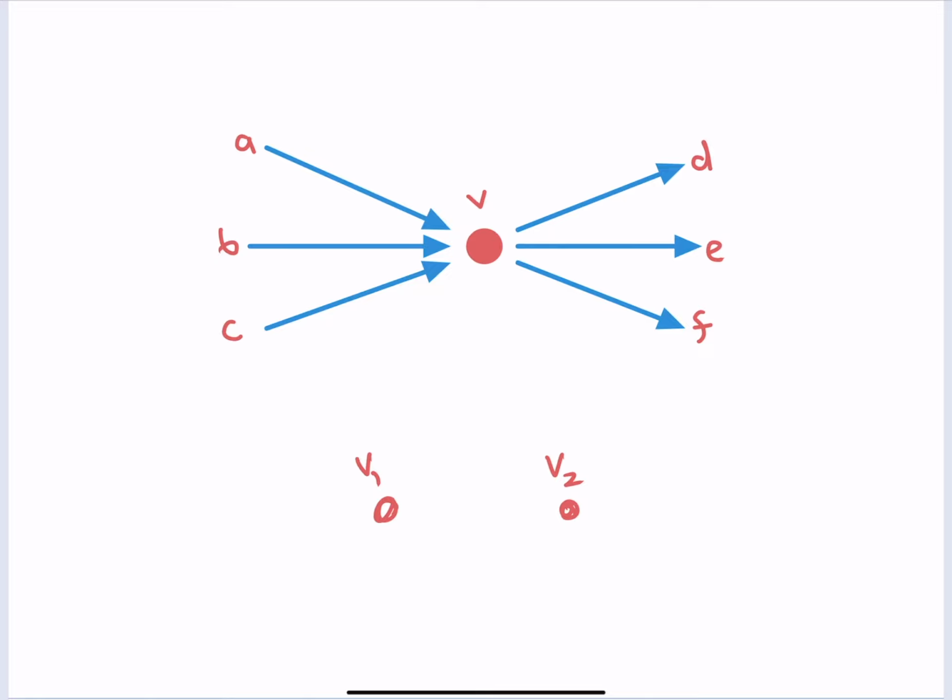Originally A, B, C refer to vertices in the directed graph. So maybe A will also have 2 copies, and B will also have 2 copies. So it'll be A1 and A2 and B1, B2. So you want me to do the same number? I think you're saying A1, B1, C1, and I'll draw undirected edges.